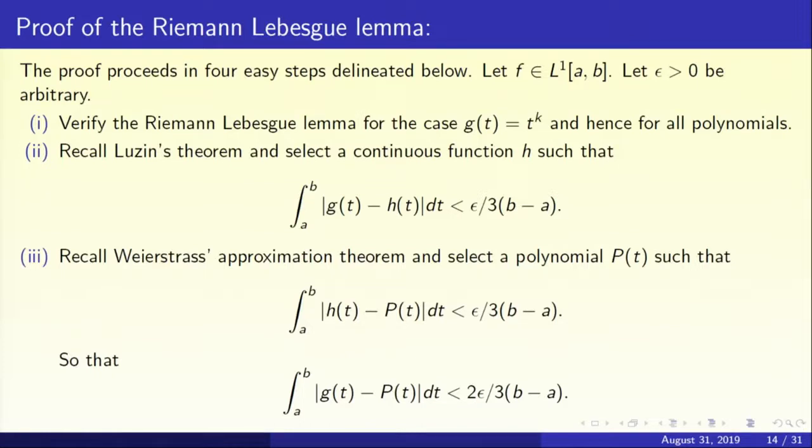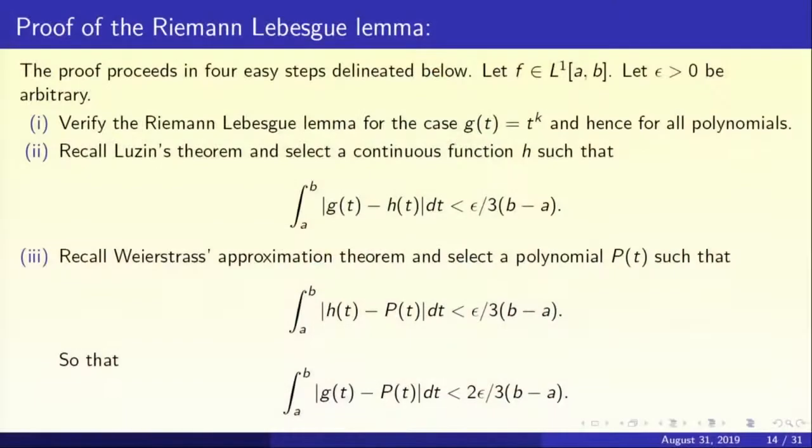Remember that every L1 function can be approximated by a continuous function in L1 norm. That is the famous theorem of Lusin. It is called Lusin's theorem. It is one of Littlewood's 3 principles that you read about in Royden's important book on real analysis: that measurable functions can be approximated by continuous functions, measurable sets can be approximated by open sets, and pointwise convergence can be approximated by uniform convergence.